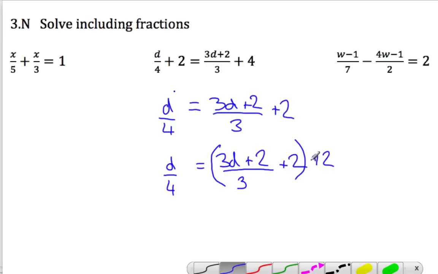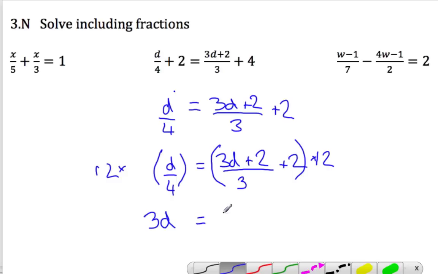So times 12, and this one, times 12. So what do we get? That's 12d over 4, which is then 3d, because times by 12 is like times by 4 and then another 3.